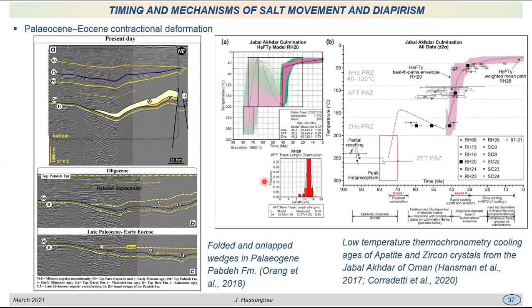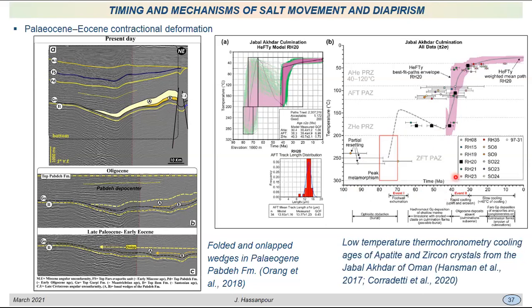And in addition, in Oman, recently, these authors have used low temperature thermochronometry cooling ages of apatite and zircon crystals from this area, Jabal Akhdar culmination from Oman, and identified a phase of rapid exhumation and uplift of the Oman mountains in the late Eocene, around 40 or 42 million years ago.